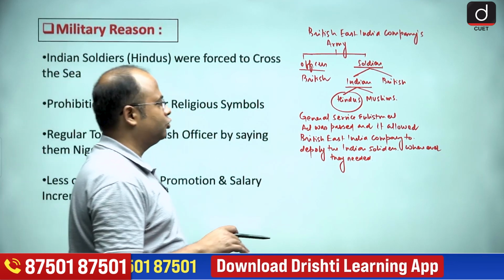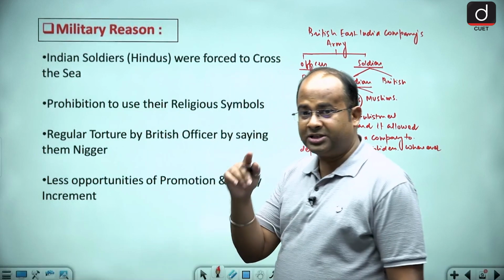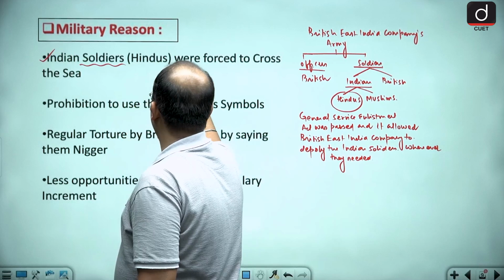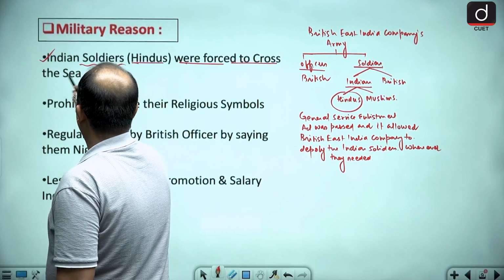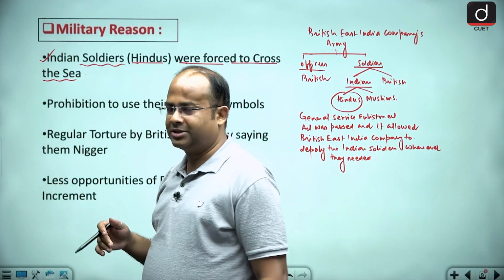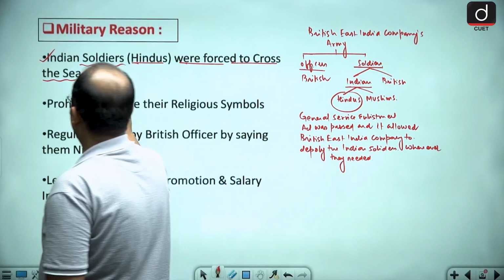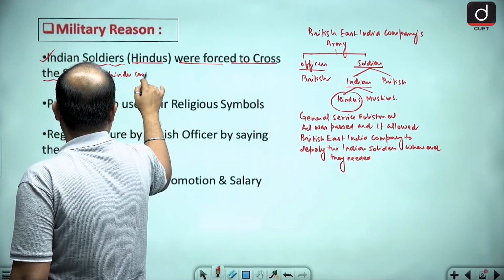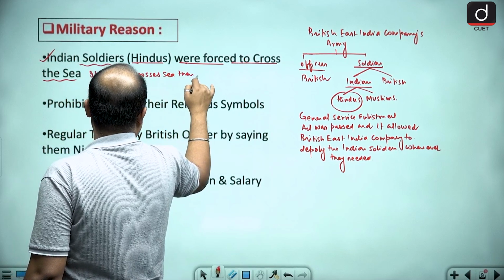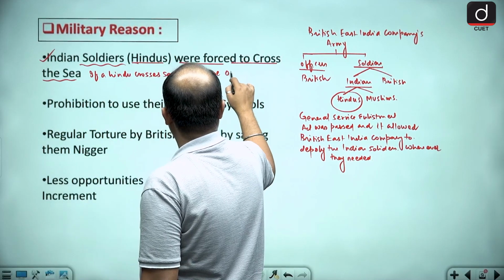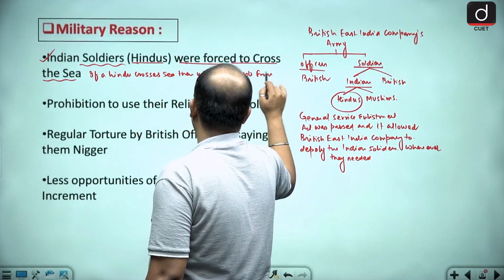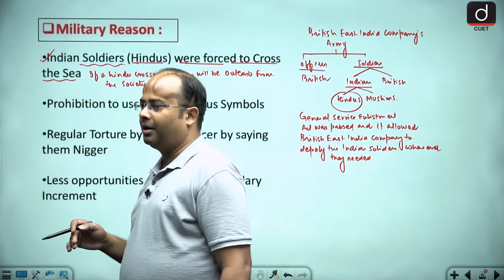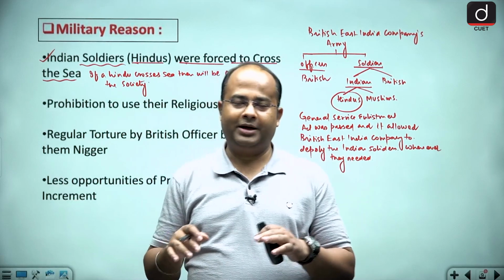Now guys, due to this General Service Enlistment Act, the Indian soldiers, especially Hindus, were forced to cross the sea, and Hindu soldiers did not want to cross the sea, because in the medieval time period, if a Hindu crossed the sea, he would be outcast from society, and to come back into society he had to organize a very expensive religious event.